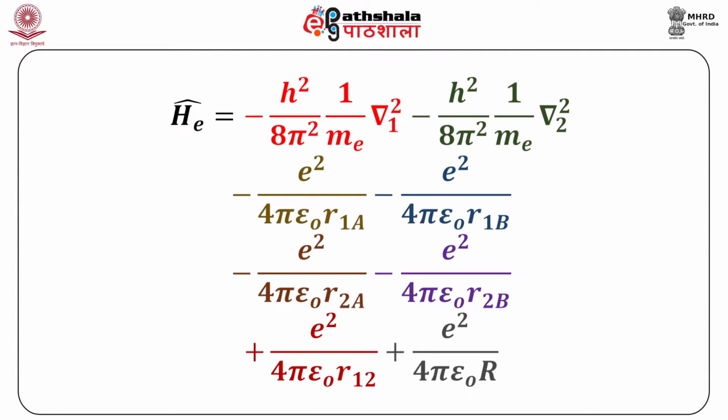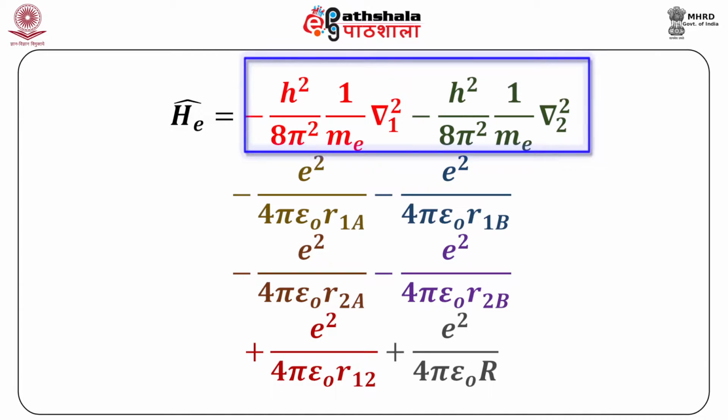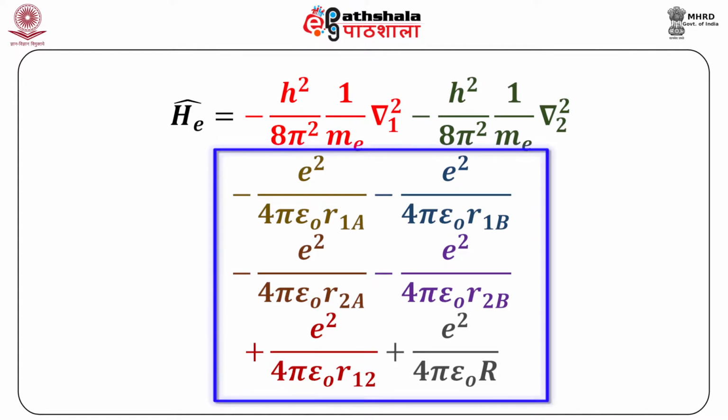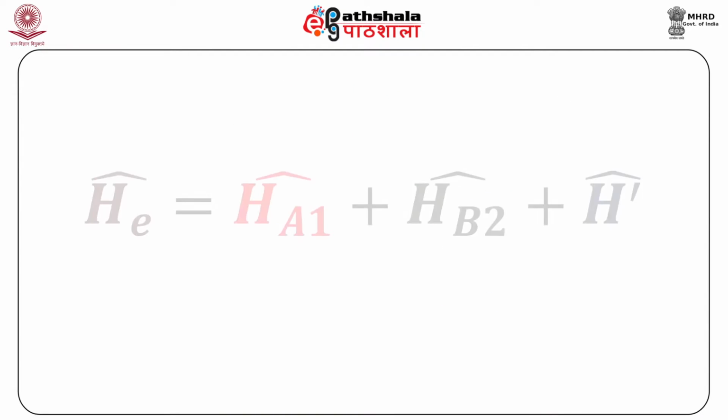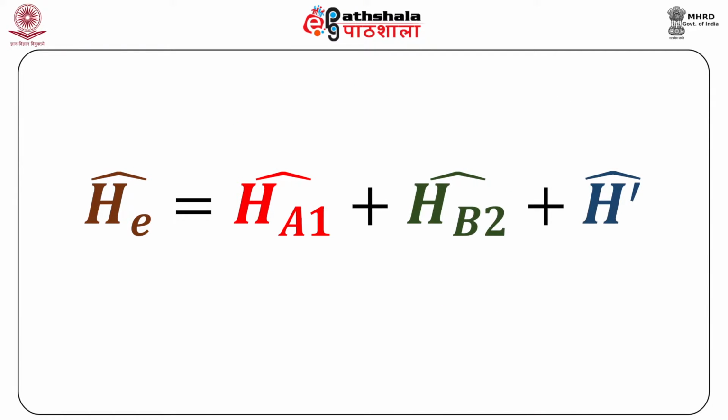You can see the first two are the kinetic energy terms and the remaining are the potential energy terms. And this electronic Hamiltonian can be written in the form He cap equals Ha1 cap plus Hb2 cap plus H prime cap.